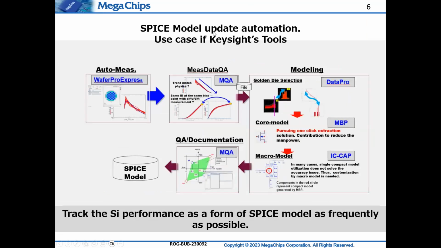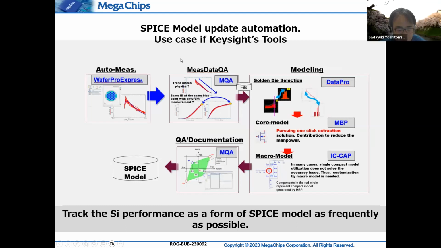First, this slide shows the automated tools and information flow used in the work to perform the SPICE parameter extraction. This block stands for the extraction steps, and the blue line stands for the names of the commercial EDA tools.